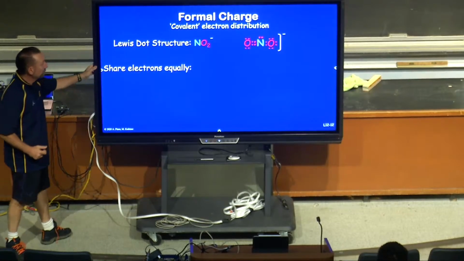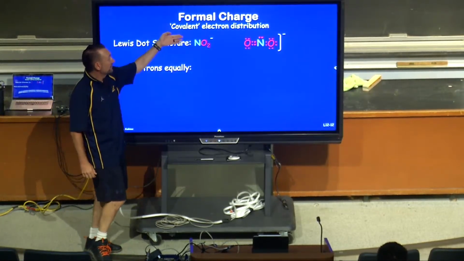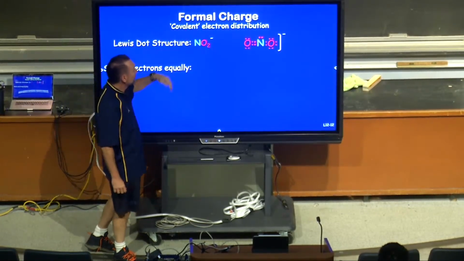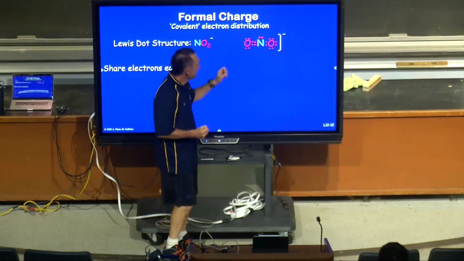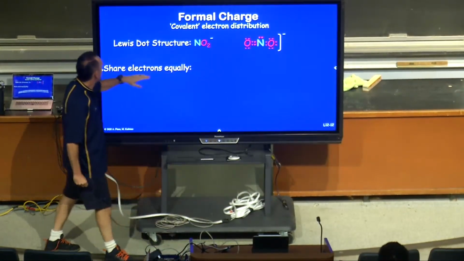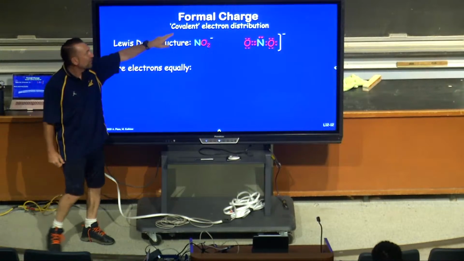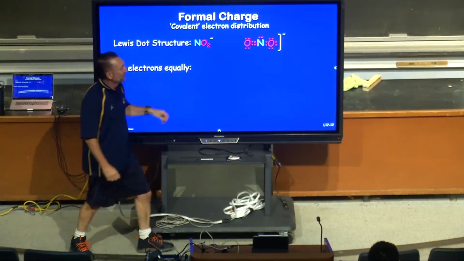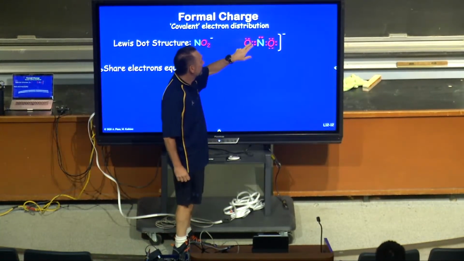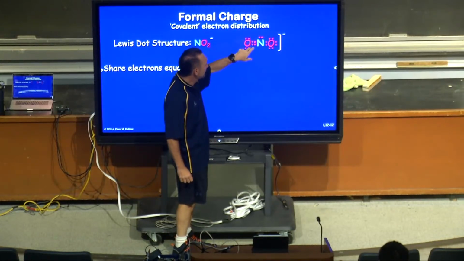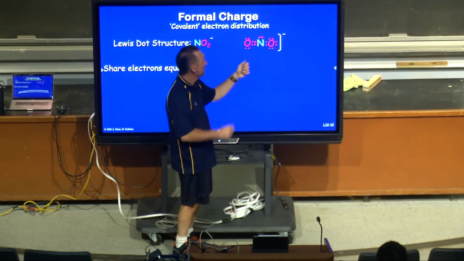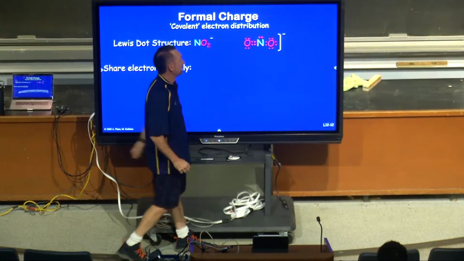So there'd be resonance structures involved as well. But what we're going to do to assign these formal charges is, let's say that the bonding is perfectly covalent. The nitrogen and oxygen can share equally, they can each count the bonding electrons.